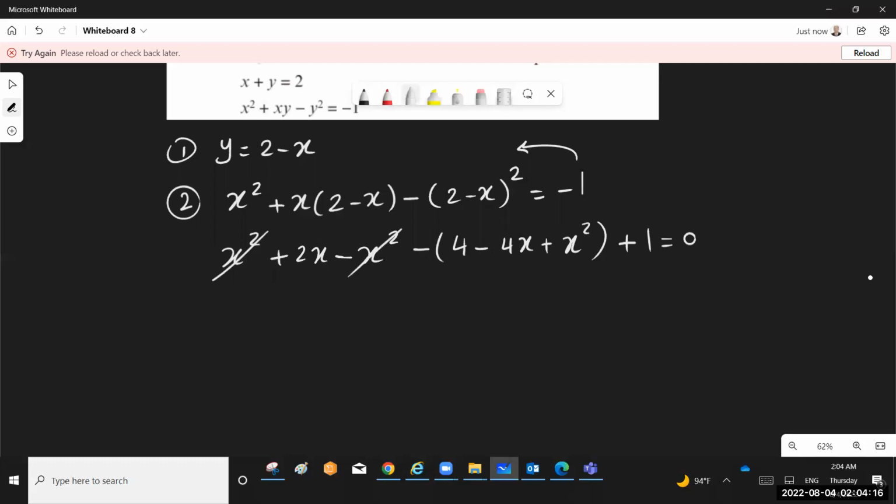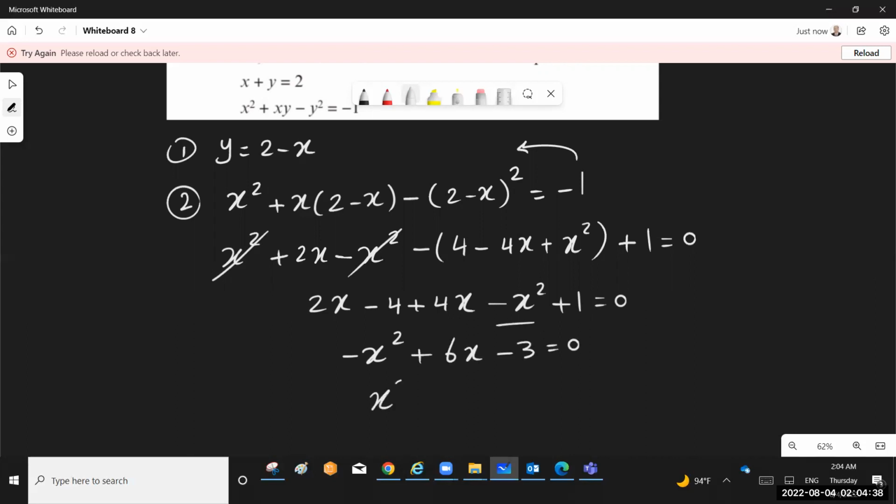I have 2x minus 4 plus 4x minus x squared plus 1 is equal to 0. Arrange the equation by writing the leading term first: negative x squared plus 6x minus 3 is equal to 0. Multiply by negative 1 to get x squared minus 6x plus 3 is equal to 0.